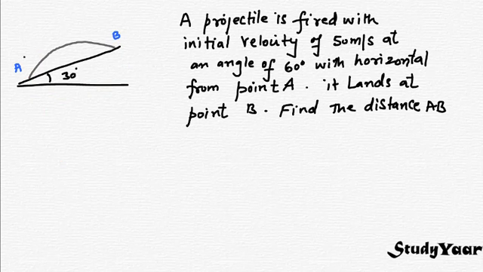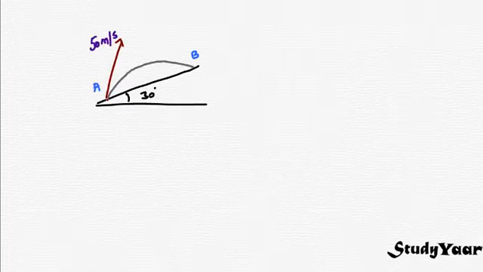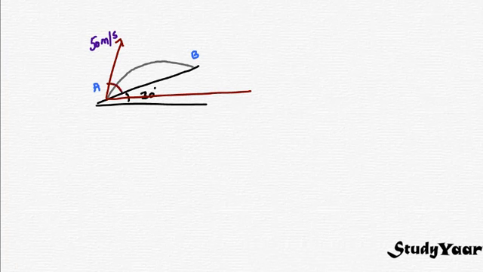In this question, we are going to have our axes like this. This is going to be my y-axis. This is going to be my x-axis. Let us look at it in the diagram. It is given to us that the angle with horizontal is 60 degrees. This whole angle is 60 degrees.